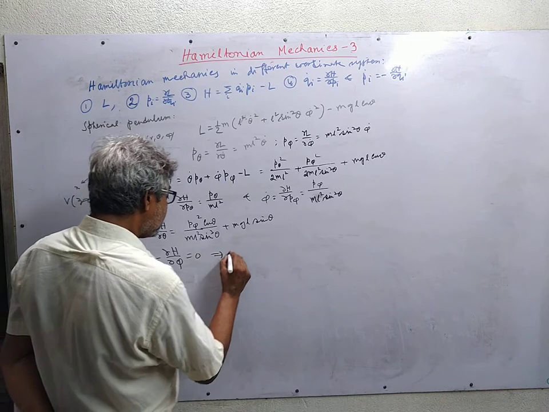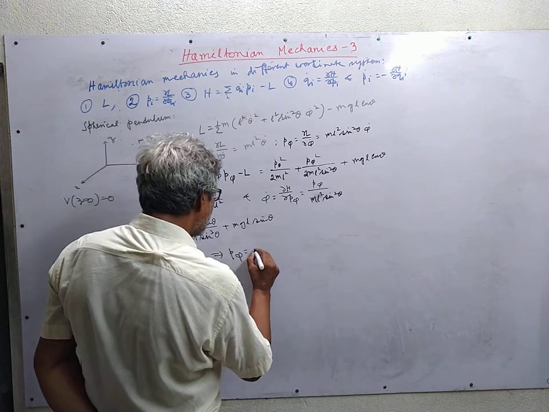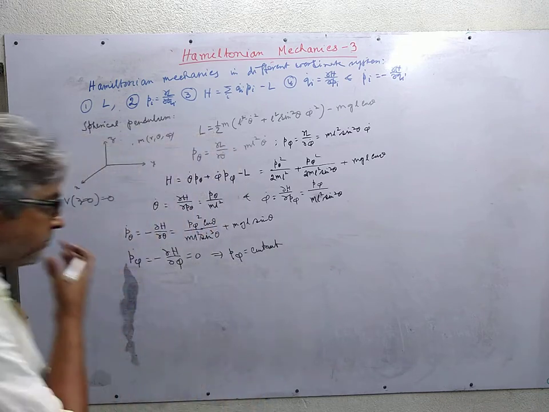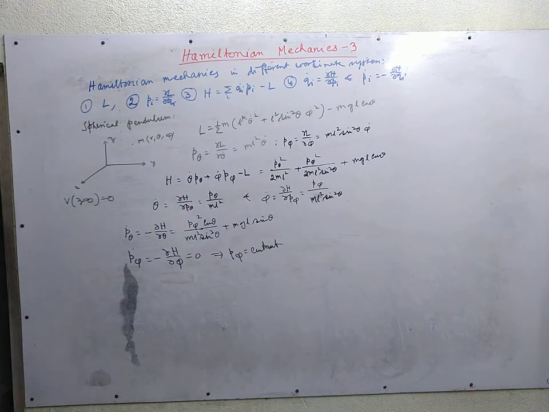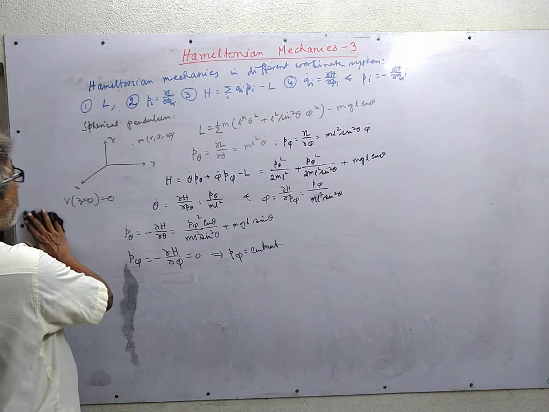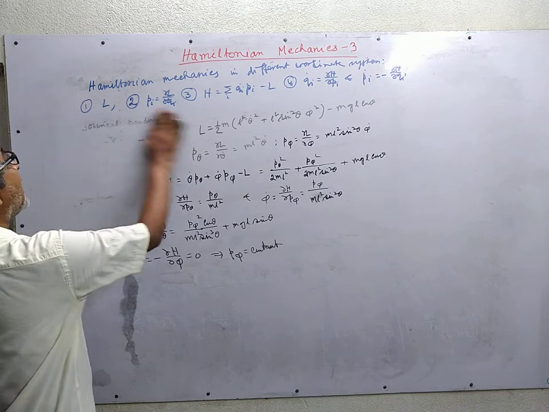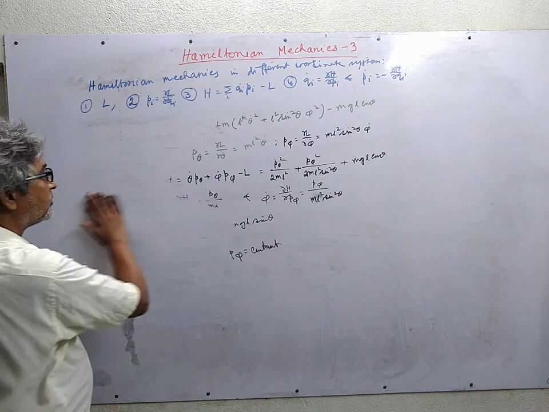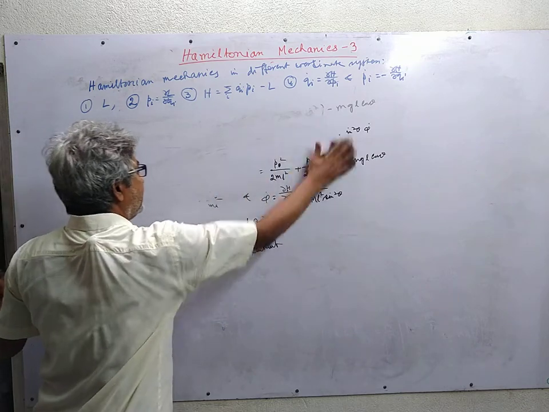So p phi is equal to constant. For the spherical pendulum the phi component, the azimuthal angular momentum, is a constant of motion. We shall cite another very simple example in which we have a cyclic coordinate, and the phi coordinate here is called cyclic, as p phi is a constant.